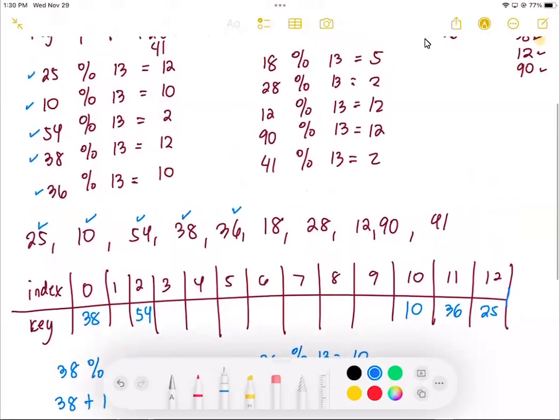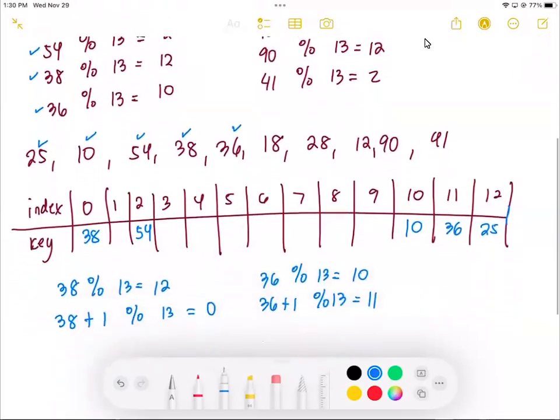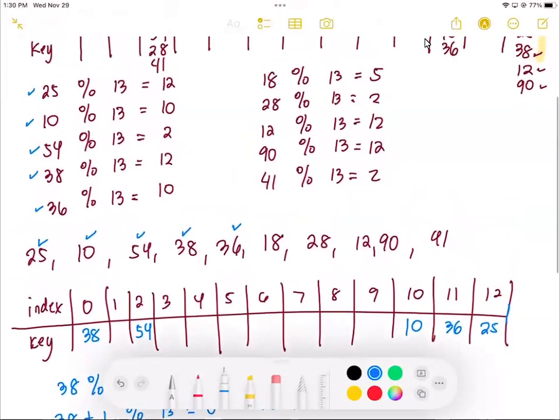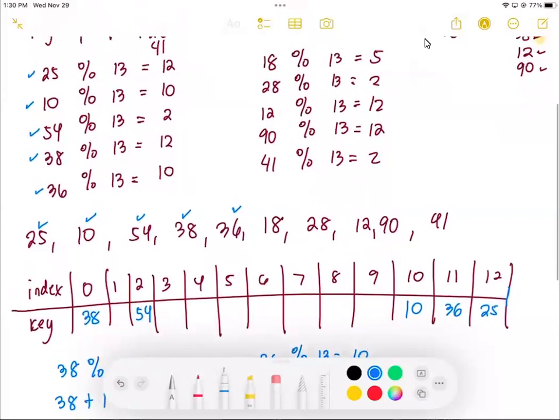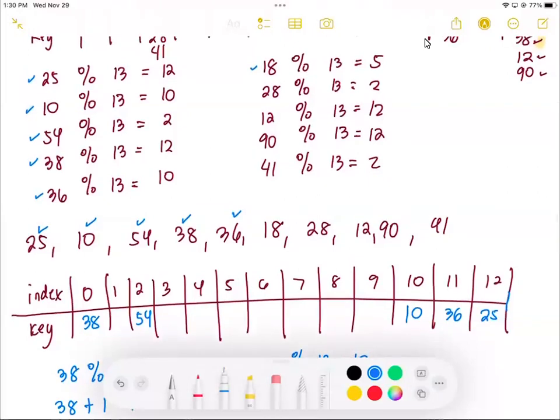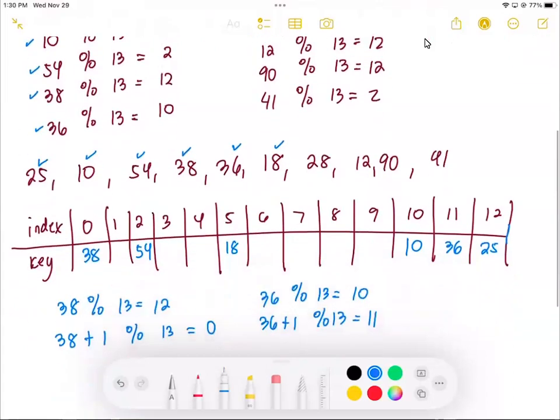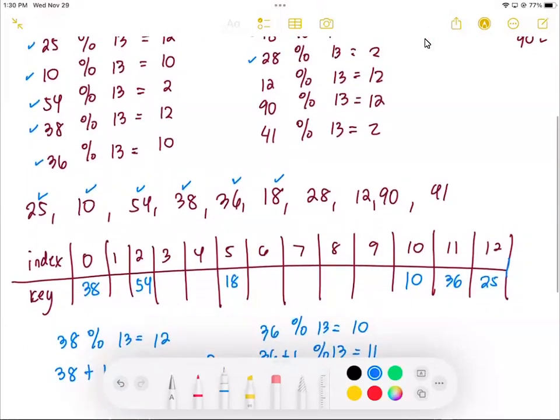So let us look for 18. 18 modulo 13, as you can see here, is equal to 5. If we look at the 5th bucket, it's empty. So let's add 18 here. No problem so far. And next, 28. 28 modulo 13 is equal to 2.